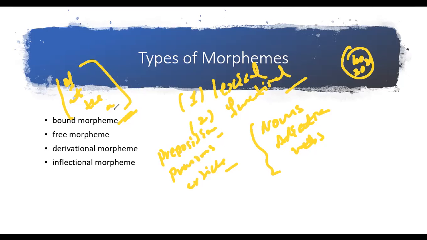So such words are basically called functional words because they cannot be expanded. We cannot have more and more prepositions in English in the existing pool. So let's suppose if we have 100 prepositions, we cannot have 101 or 102 or 130.